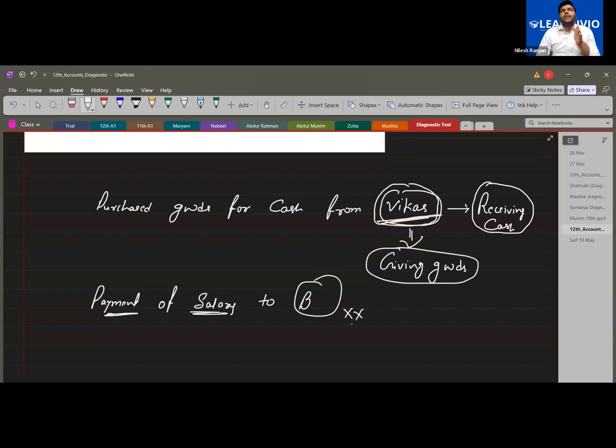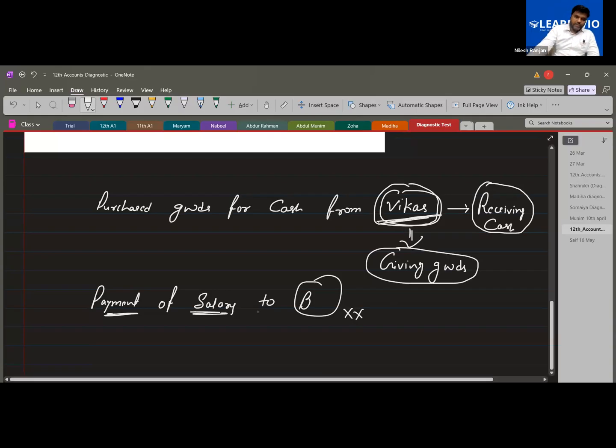So when is name important? When it is a credit transaction, when we are not paying for something that we have purchased, or not paying for a service that we have received. Anything like this, we will write the name of the person with whom we are doing the transaction. If it is purchase of goods on credit from Vikas, then we have to write Vikas's name. If it is sale of goods to Vikas, then also we will record the name.